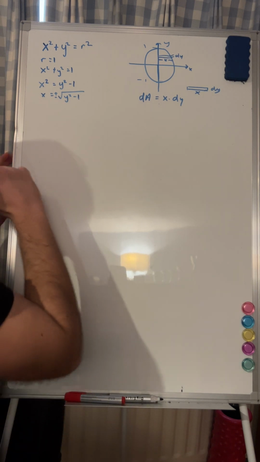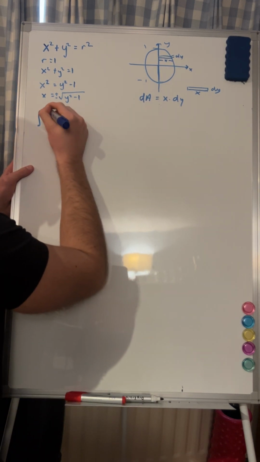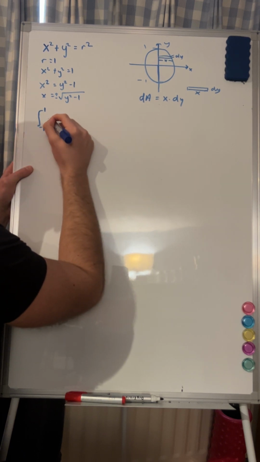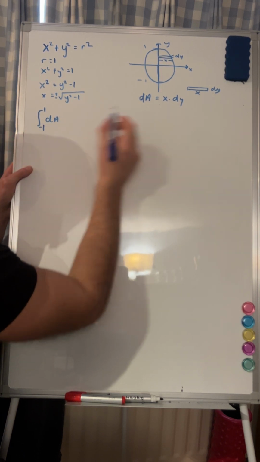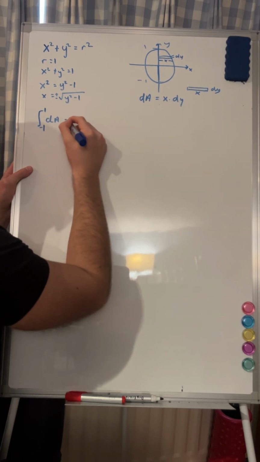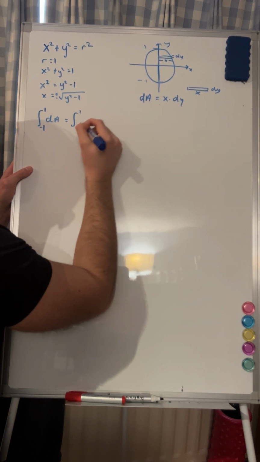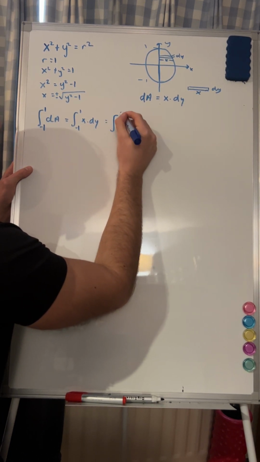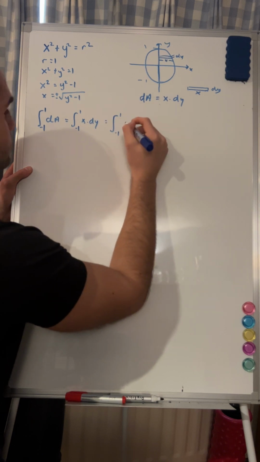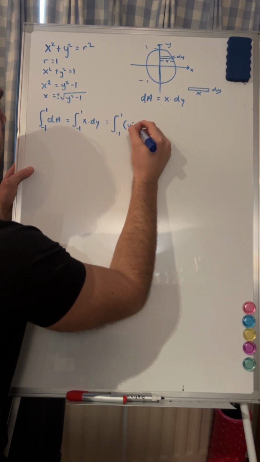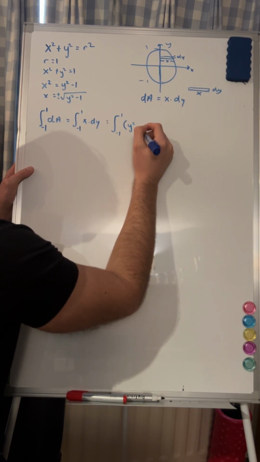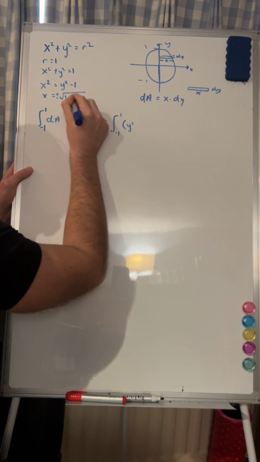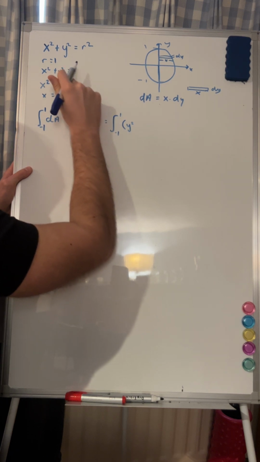So now we have this, we're going to be integrating between 1 and minus 1, our boundary conditions, dA, which is x dy, which equals integrating 1 minus y squared, because I can't rearrange.